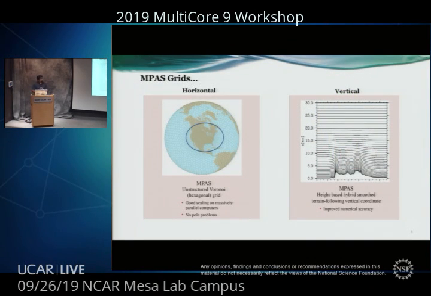So yesterday, Dr. Raguraj gave a brief introduction about MPAS. So I'm just going to build on top of it. MPAS has an unstructured mesh. One of the main advantages of the MPAS grid is you can run finer resolution at certain regional areas and the remaining globe at a much coarser resolution.